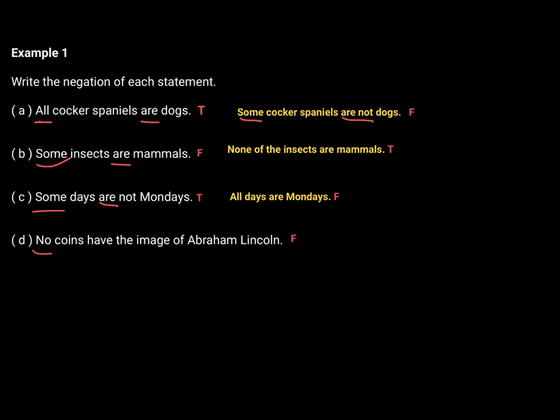Now that's important because now we understand that its negation must be true. So when we say no coins, that's equivalent to saying none, right? So therefore the negation is some coins have the image of Abraham Lincoln, which of course is true. All right, so I hope this example really drives home the point of how we need to be careful when we're considering the negation of a statement.